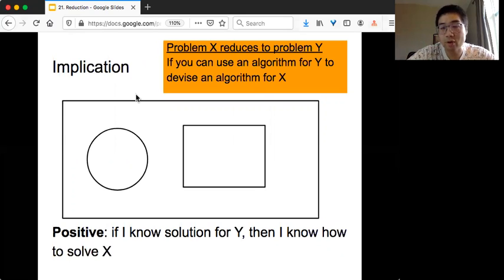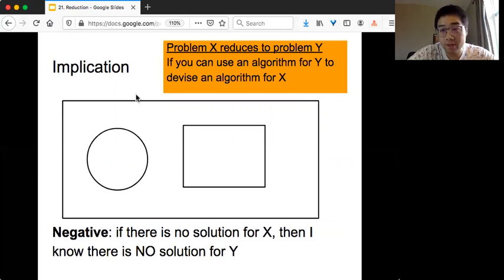The positive one, we already explained, so skip this. But for the negative one, let me repeat again. What does it mean for a problem X to reduce to problem Y?